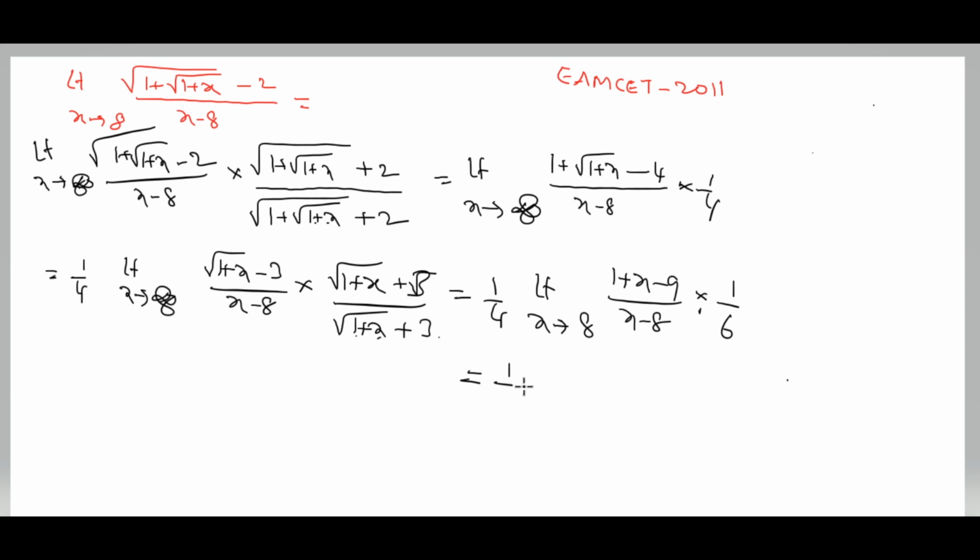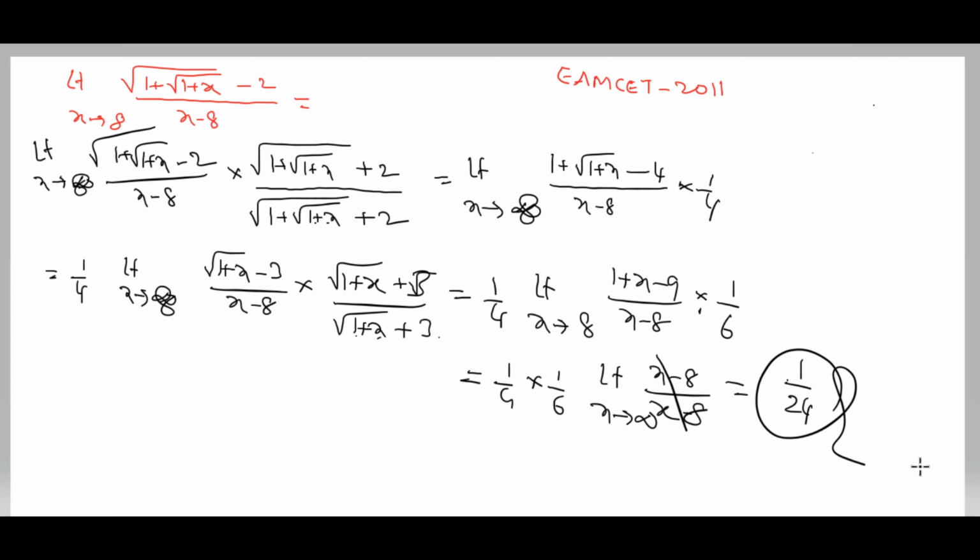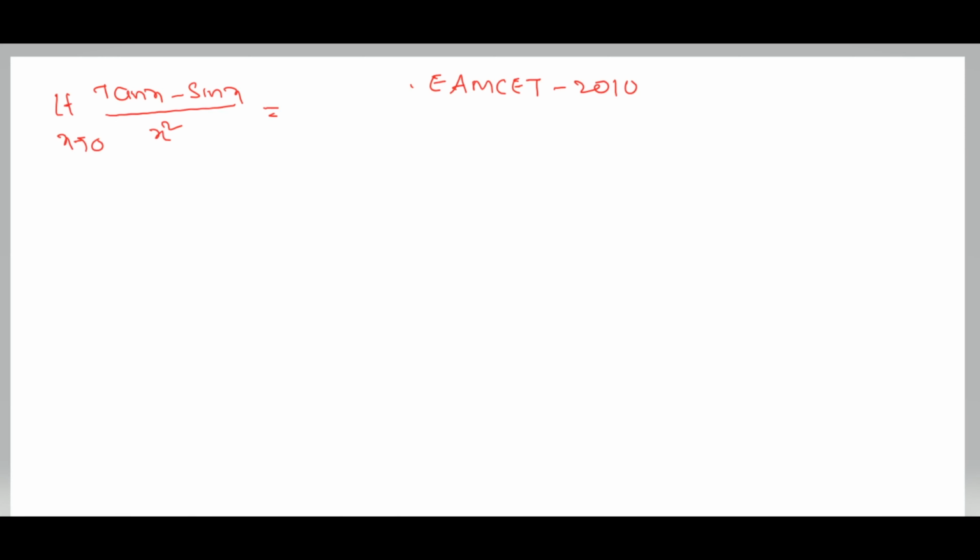So 1 by 4 into 1 by 6 into (x minus 8) by (x minus 8) cancel, that is 1 by 24. That is the answer.